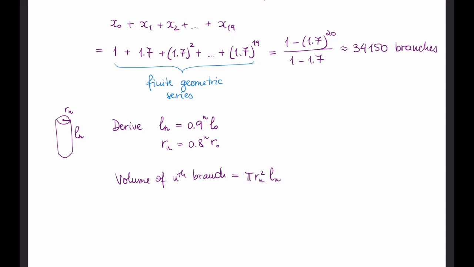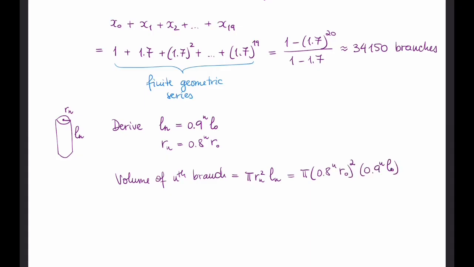And now I can substitute the actual values in terms of n and the very first 0th generation length and radius, which we can easily measure, into this formula. What am I going to have? I'm going to have (0.8^n R naught) all squared times 0.9^n L naught.